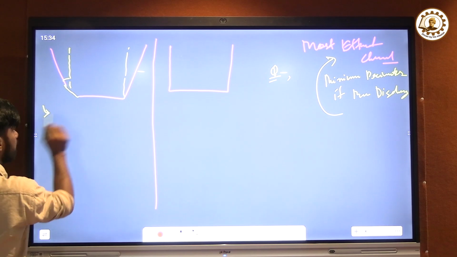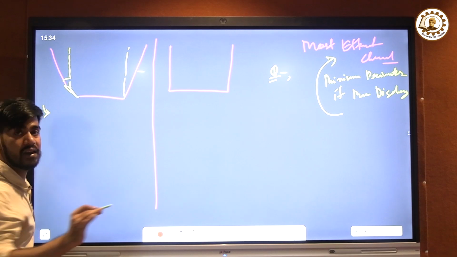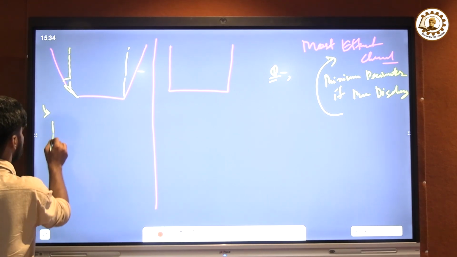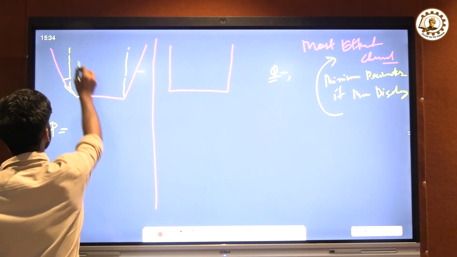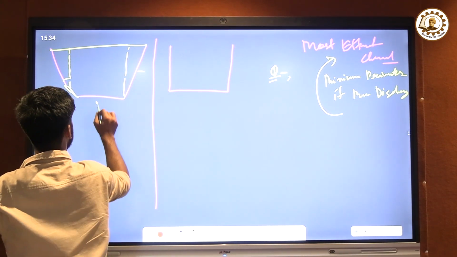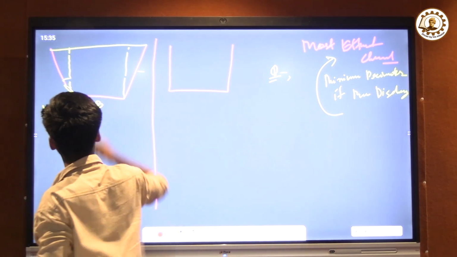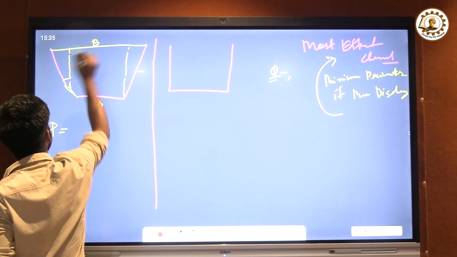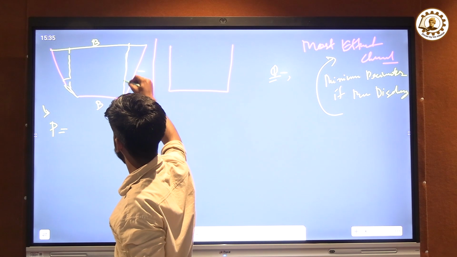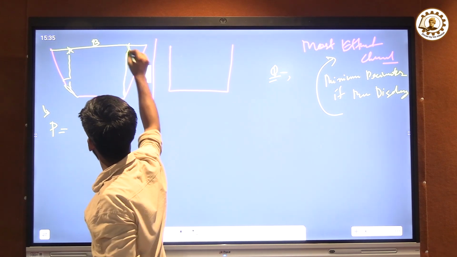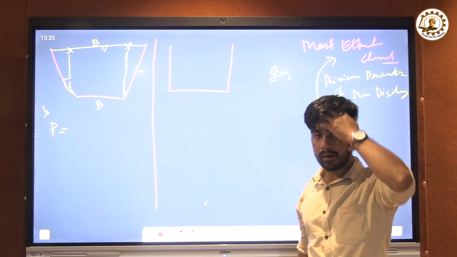The cross-sectional area of the channel. First, what is the perimeter here? If this is B, this thing is also B. If we draw a perpendicular line, then this thing is also B for a square.